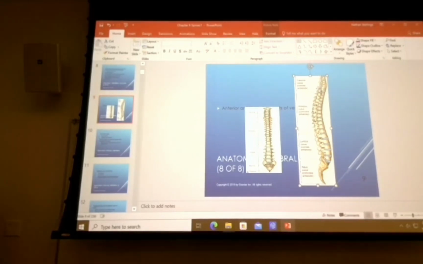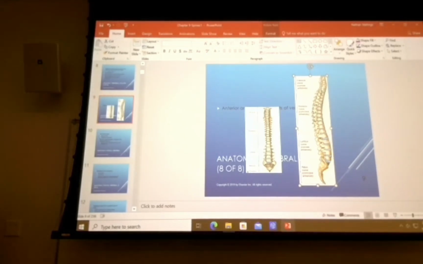So convex, again, word association, you make a muscle in your arm. What are you doing with your muscle? Flexing. Yeah, so flex, vex, convex would be a bulging outward, right? So it's convex anterior, concave posterior. Then when we get to the thoracic spine, it is convex posteriorly and concave anteriorly.